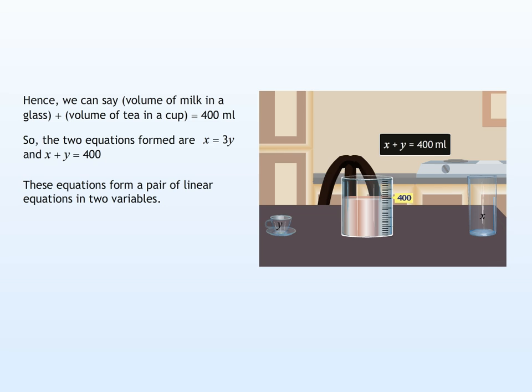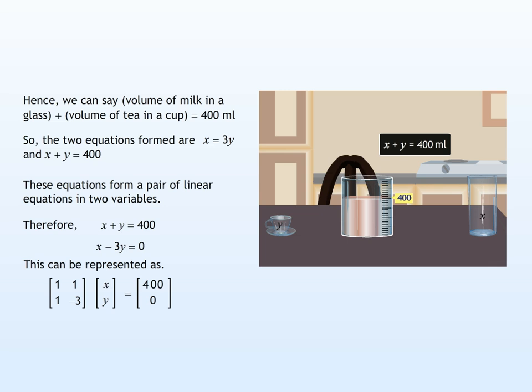These equations form a pair of linear equations in two variables. Therefore, the given set of equations is X plus Y equal to 400, X minus 3Y equals 0. This pair of equations can be represented in the form of determinants as shown here.